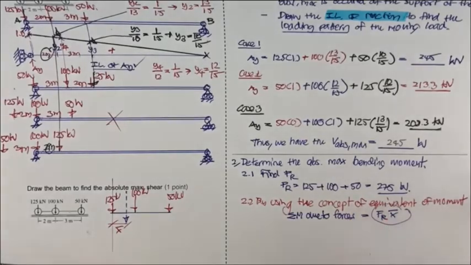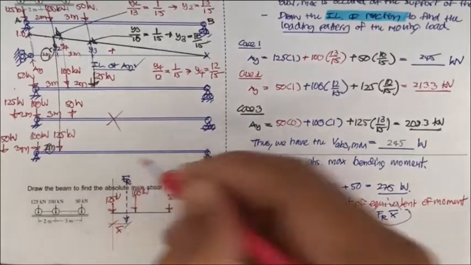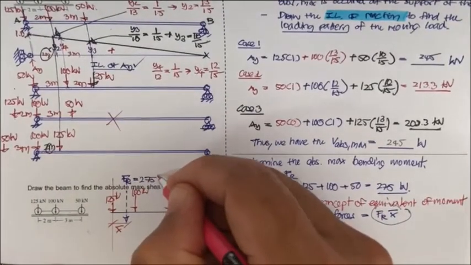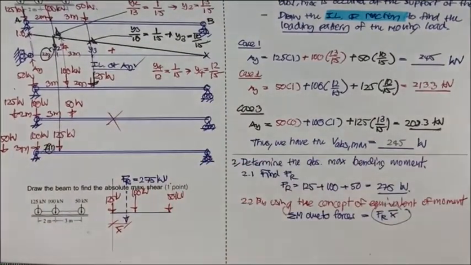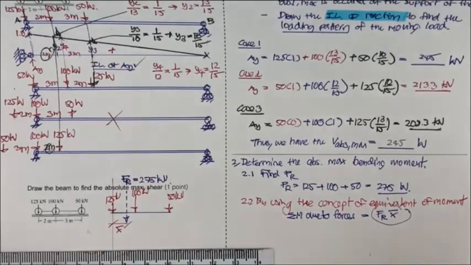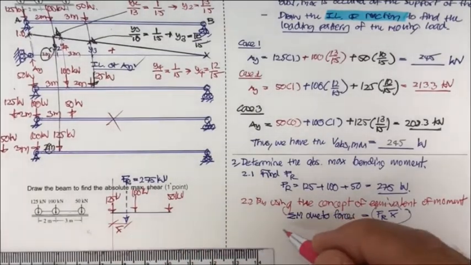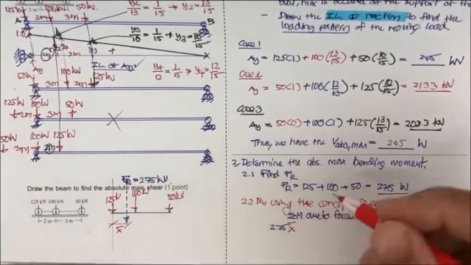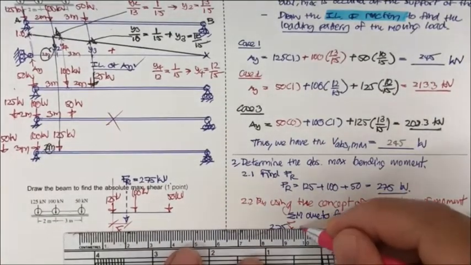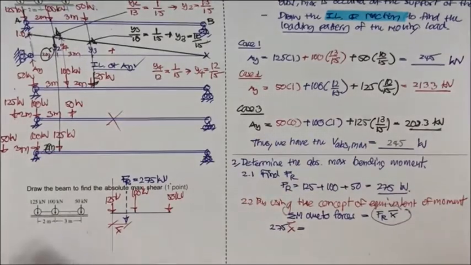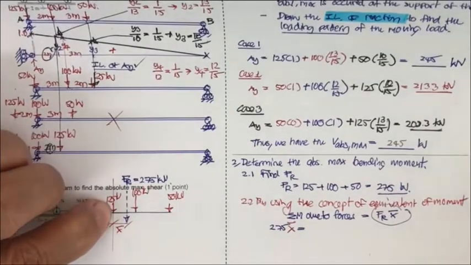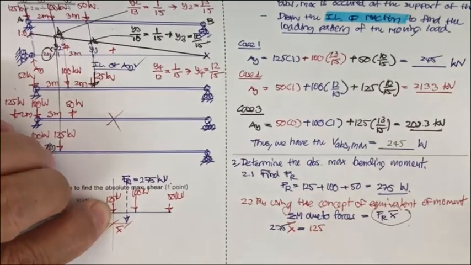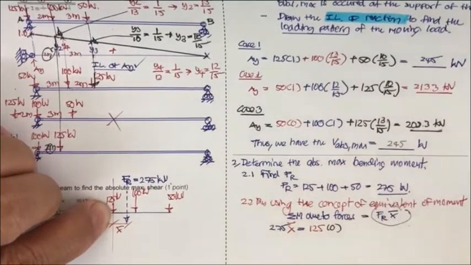So this one is going to be F sub R, and we have it for 275 kilonewton. And by doing this, what we have is the 275 times X bar, and it's going to equal to, this is the reference one, so 125 times 0.